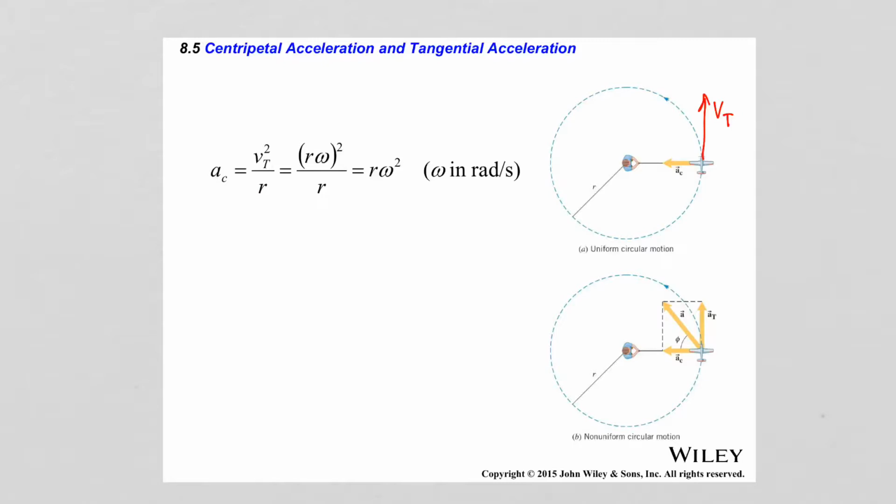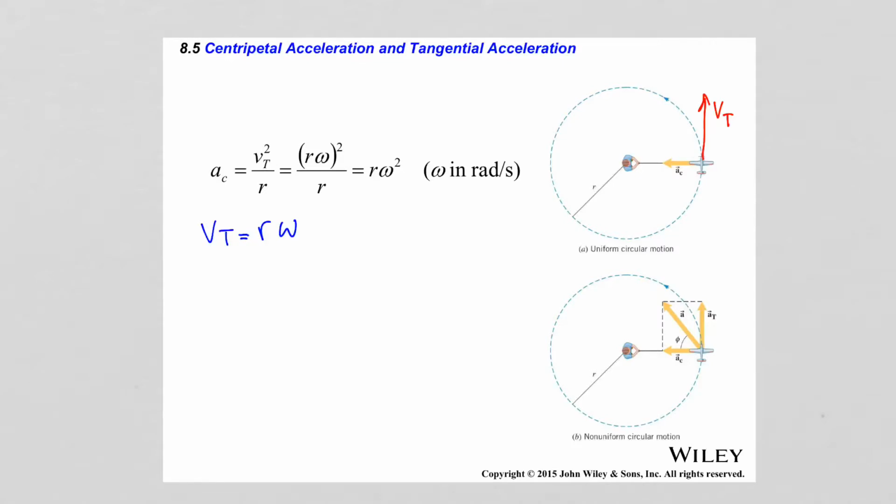But we know now that the tangential velocity is equal to the product of the radius of the trajectory and the angular velocity. So if I substitute that here for Vt, I get r omega to the second power divided by r, or I get that the centripetal acceleration is equal to the radius of the circular trajectory times the angular velocity to the second power.